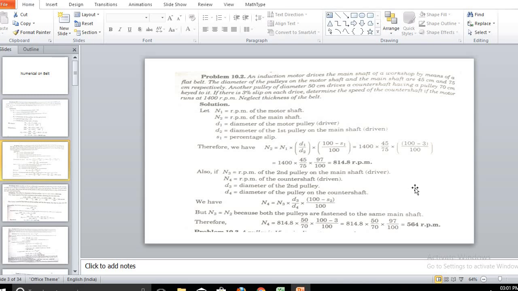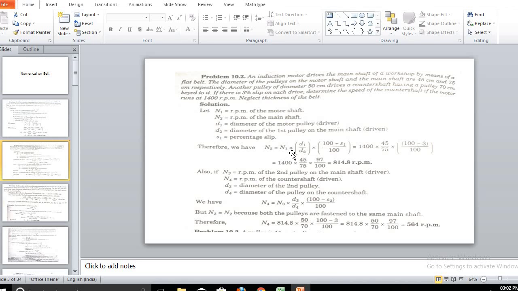So we can calculate it here. Slips are given for each stage, that's why these are calculated separately.